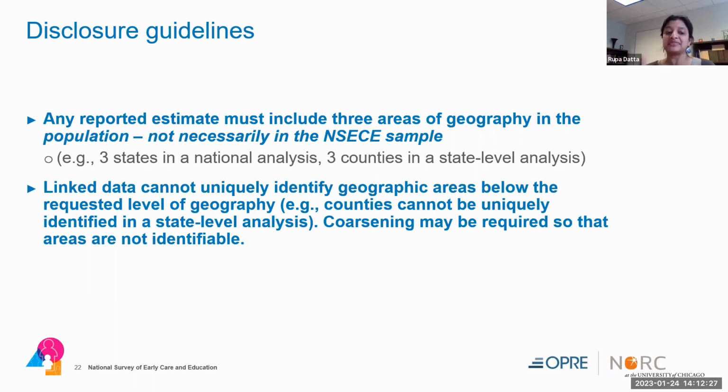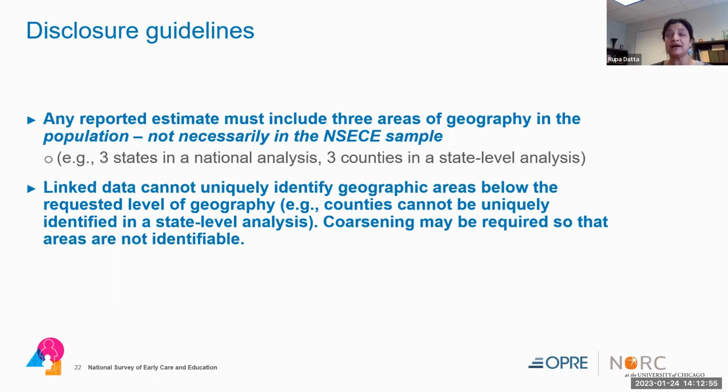That gets to the second point on this slide, which is that you can really request anything be linked at any level, but we would want to make sure that by virtue of that linkage, we hadn't disclosed too much geography about the sample unit.